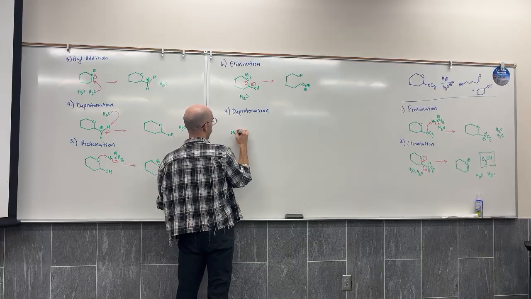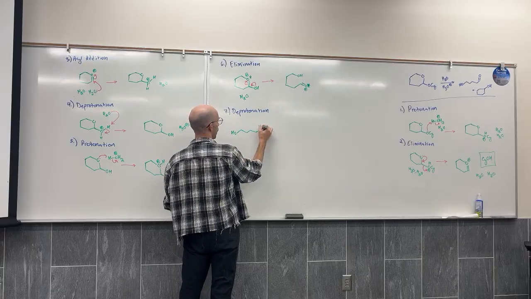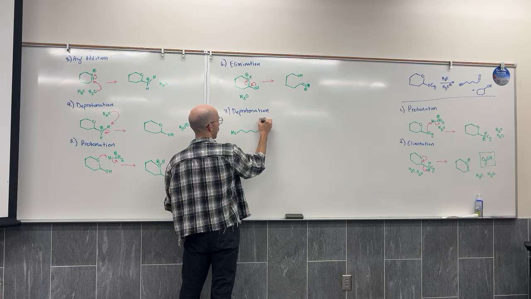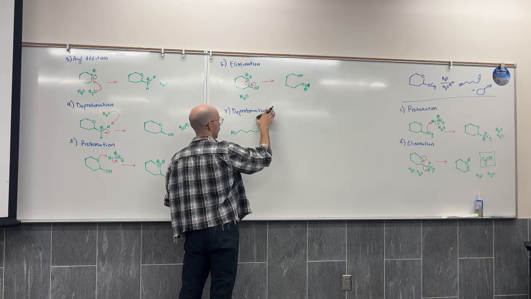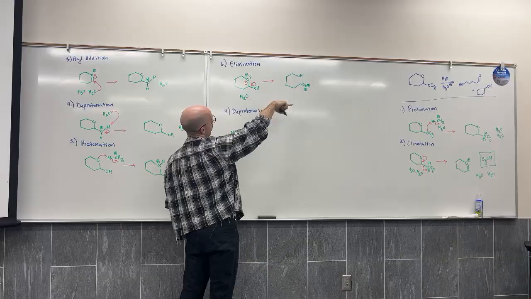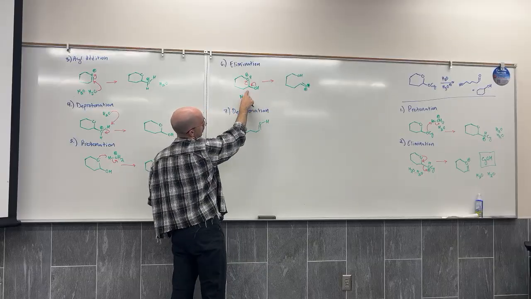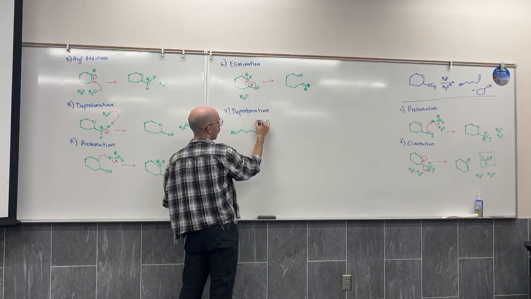Now, at this point, I can draw my carbon chain differently if I want to, rather than keeping it in this conformation that looks a lot like the structure before.